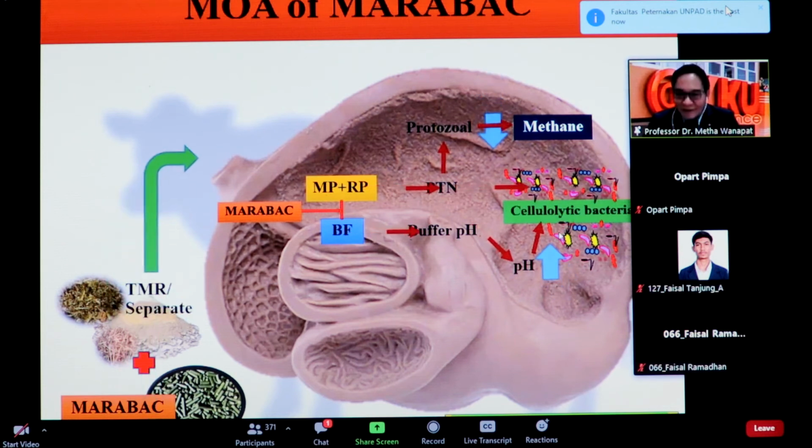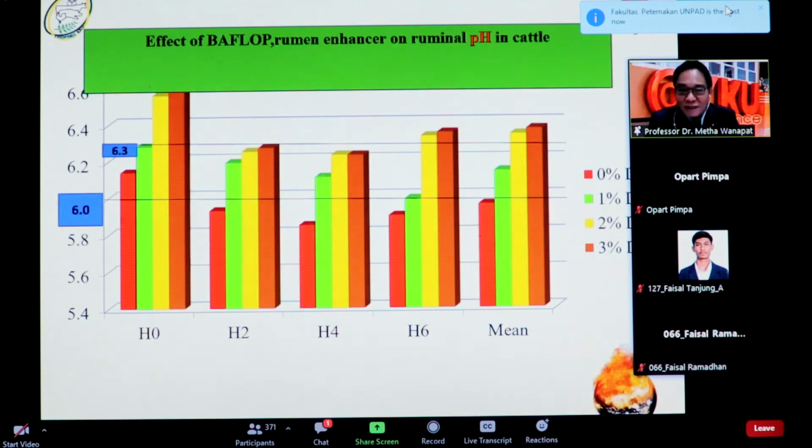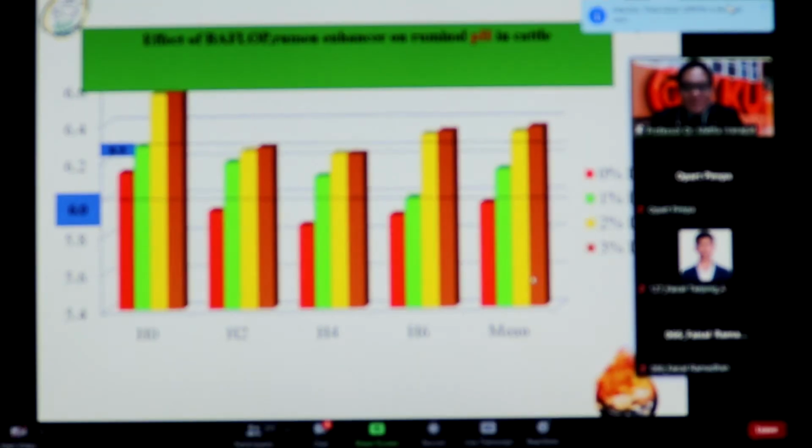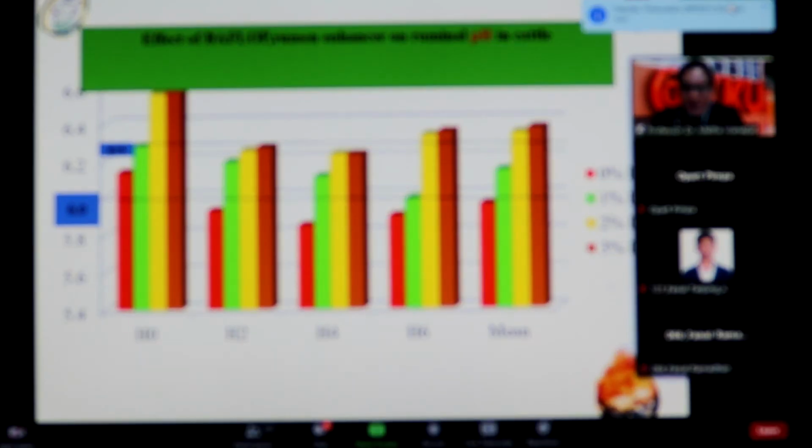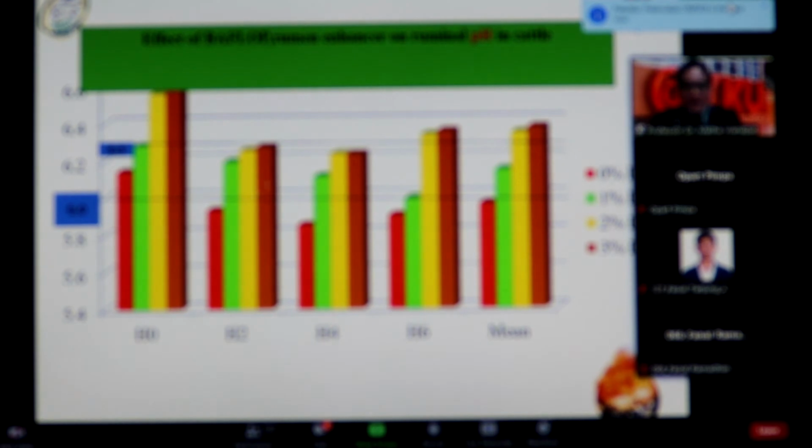In terms of the effect on Fibrobacter succinogenes, this one is also by a former PhD student from Cambodia who published this paper on the level of supplementation. On the rumen pH, you see the supplement of the pellet on the pH.